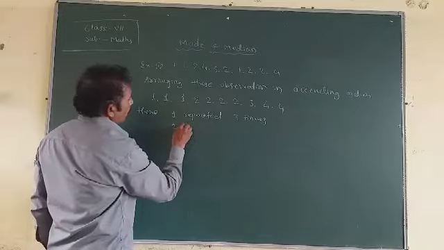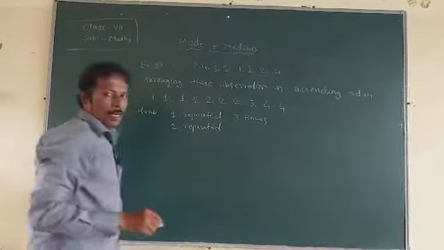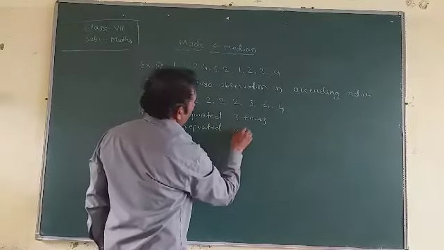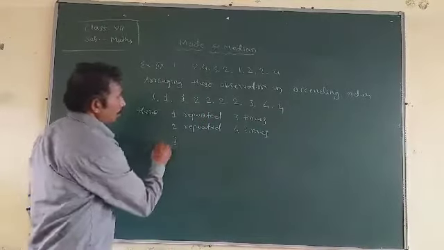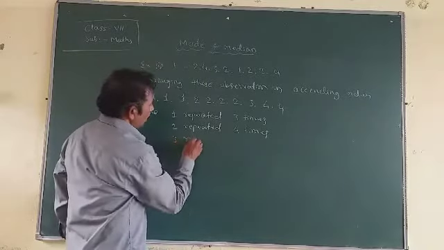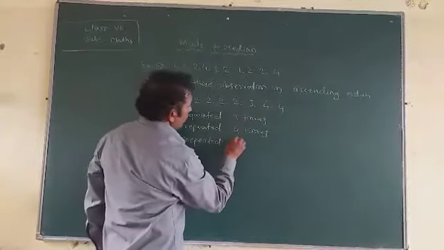2 is repeated. How many times? 4. Correct, 4 times. And next, 3 appears only once, 1 time.